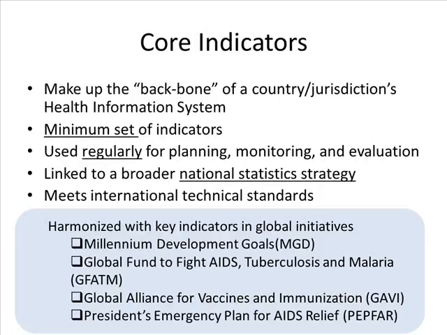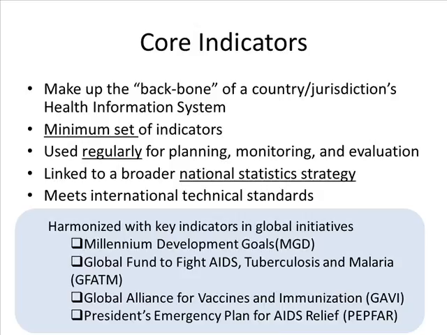Slide 31. Core indicators make up the backbone of a country or jurisdiction's health information system. They are used regularly for planning, monitoring, and evaluation. Core indicators are linked to a broader national statistics strategy. For the best effectiveness, you will need a minimum set of indicators.